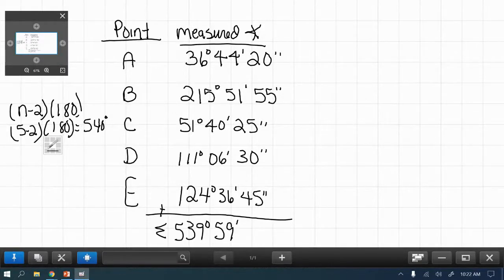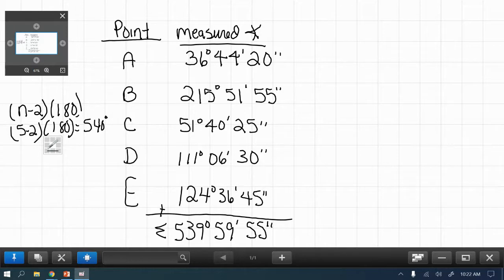Maybe this book is wrong. Make sure I wrote them all right. 55, 25. Oh, I did it wrong. Sorry. What happened is I wrote the last one wrong. This was supposed to be a 35, but I'm going to leave it.